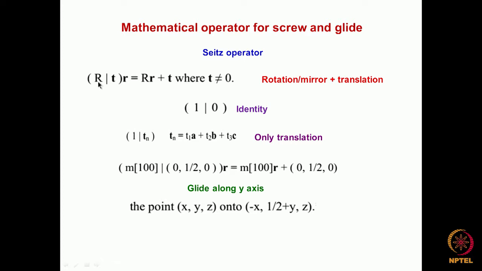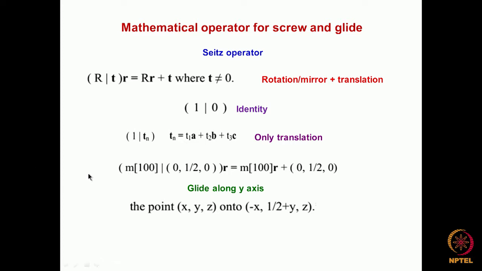Suppose R is an identity operation and the translation is 0, then whatever we do, it is the same point, right. That is why it is called an identity. Suppose the identity is there, and instead of 0 the translation is Tn, in some direction. That means only translation is being performed.